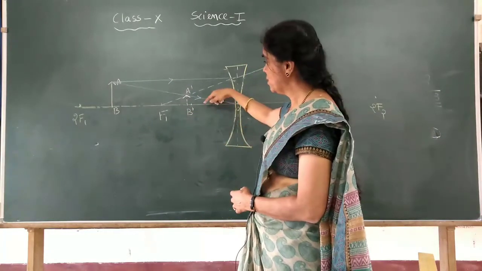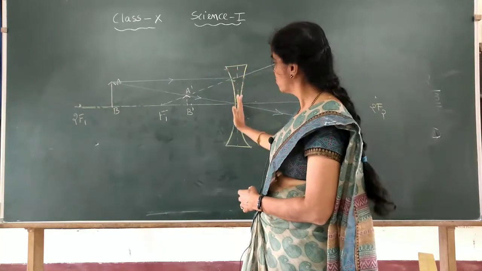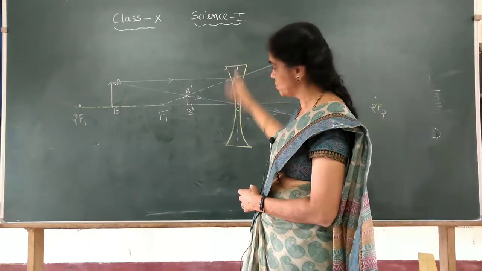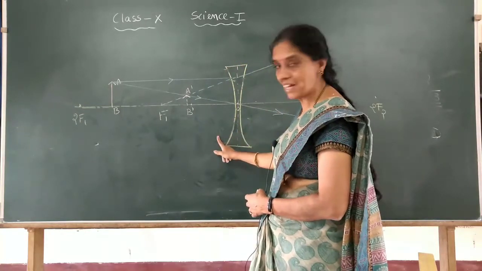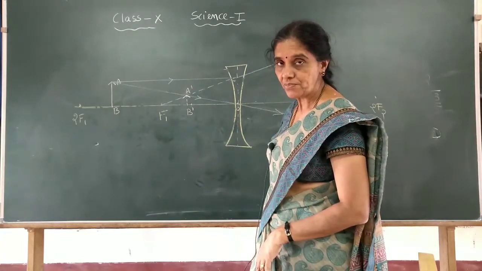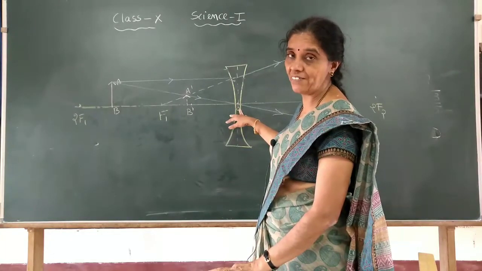If the image forms above the principal axis, it is positive, because on the y-axis, above the x-axis, the y value is increasing. If the image is below the principal axis, its value is negative.